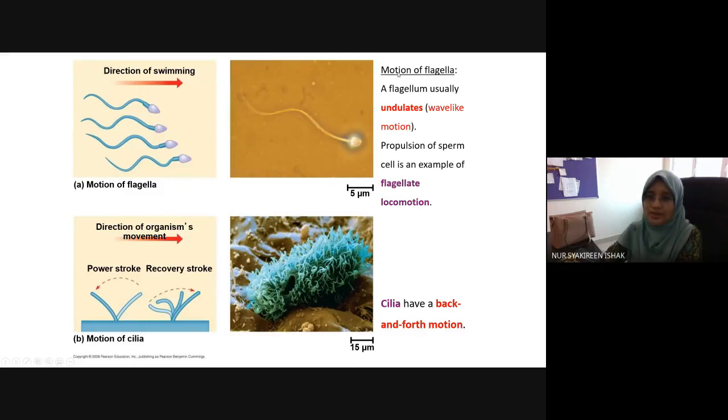The movement of the flagellum of sperm is a wave-like motion, or undulates. So propulsion of a sperm cell is an example of flagellate locomotion. And for the cilia, the motion is a back and forth motion. Okay, pergerakan dia back and forth macam tu, right? So that is for cilia.